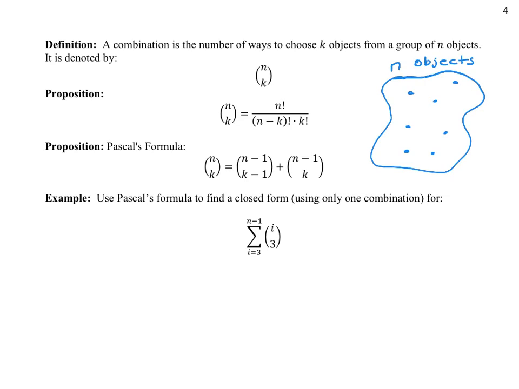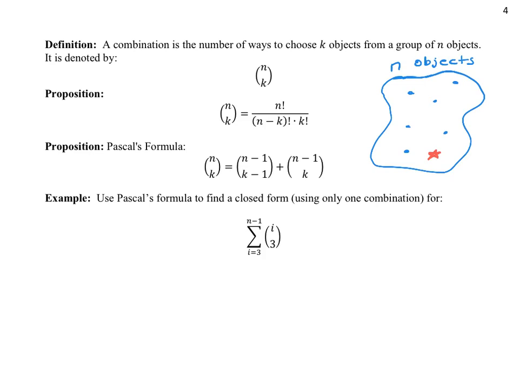So the way that you can prove this is, let's say that you just pick one of your objects. Let's just say this object, and we'll call it a special one there. We'll call it star. So if we decide we're going to pick star in our group of k, let's say we're forcing ourselves to pick star, how many more choices with n choose k do we have?